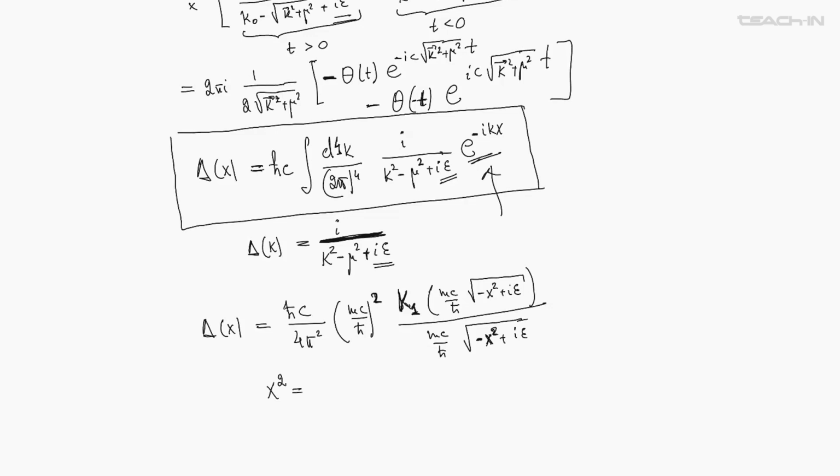So this is how the Feynman propagator looks in the x space.